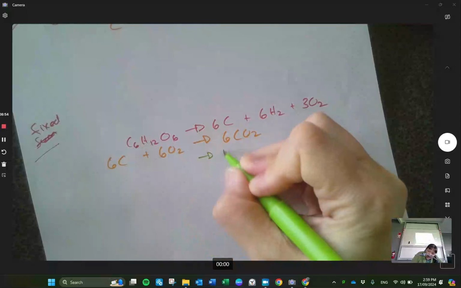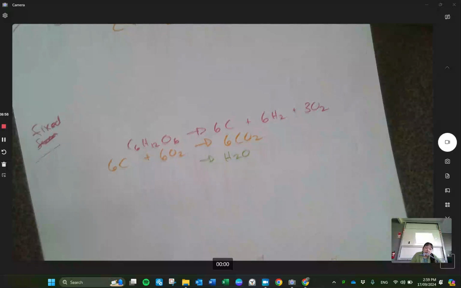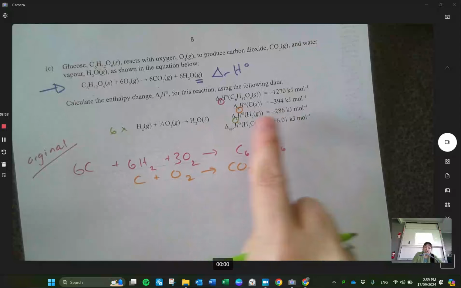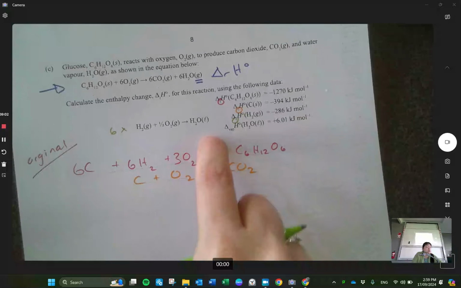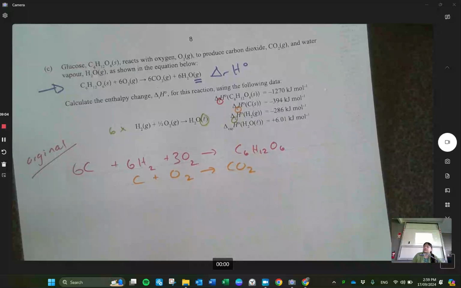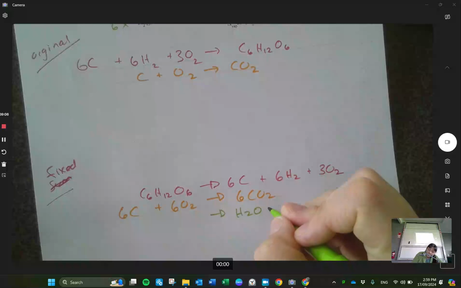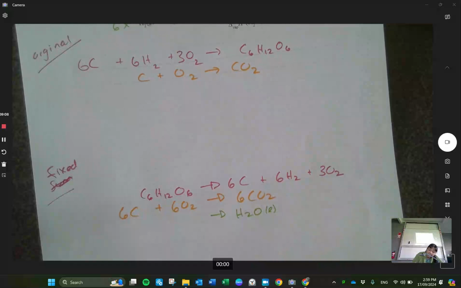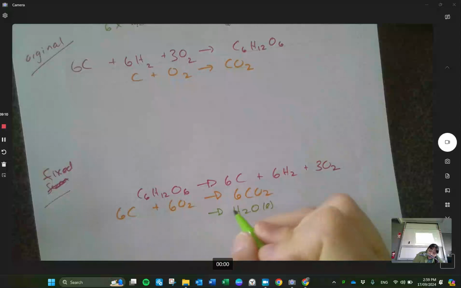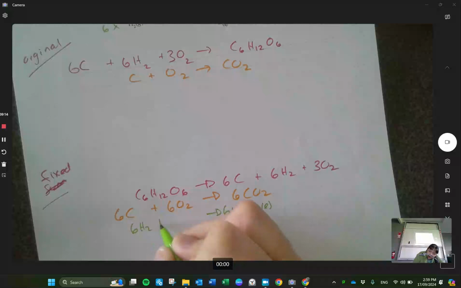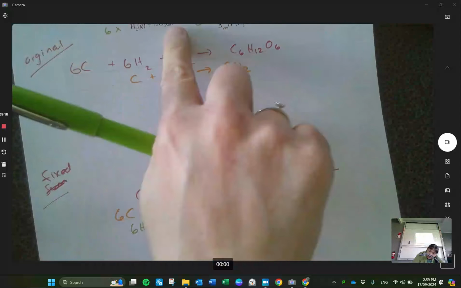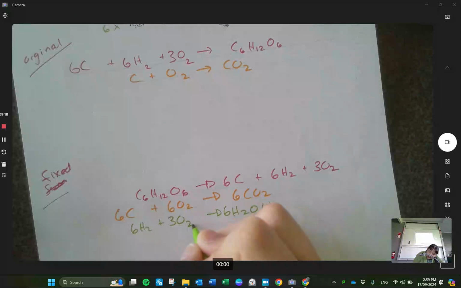So I would have H2O. I need to be mindful. I know why, because they wanted to say this is the combustion if we form liquid water. That's an important note. So that's why they gave it to you. So liquid water. I'm just going to note the state for that one, which is a 6. You would have 6H2 plus 6 times a half is 3O2.